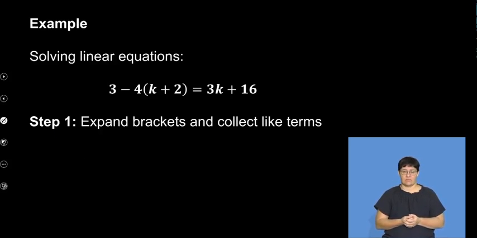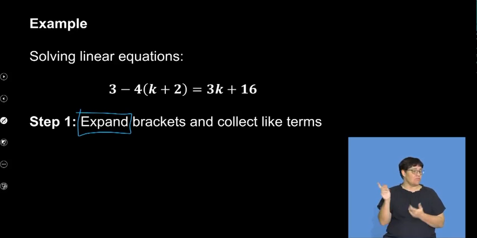So let's look at the steps that I want you to follow when solving linear equations. Step 1. You are to expand the brackets and collect like terms. Whenever there is brackets, always get rid of the brackets. What does get rid mean here? It means you expand by multiplying inside the brackets using the distributive property.